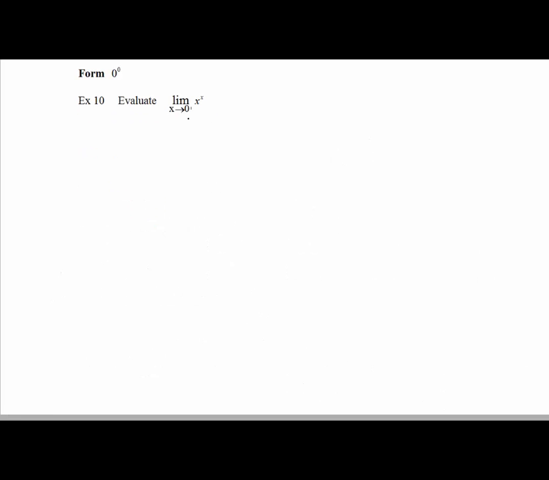We've got the limit as x approaches 0 from the right of x to the x. I'm going to let y equal x to the x, and I'm going to take the natural log of y, and the natural log of x to the x, allowing me to bring that x down in front.